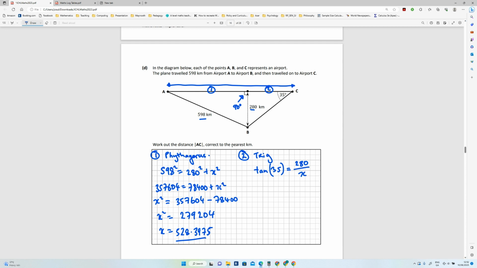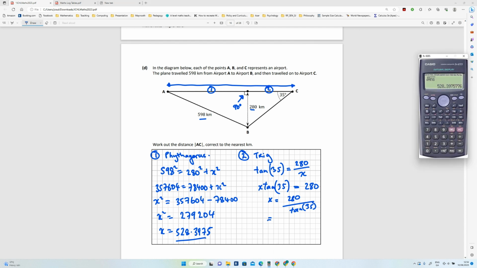So now I'm going to cross multiply. So I'll have x tan of 35 is equal to 280. So divide across by tan of 35 to give me x equals 280 all over tan of 35. So let's see what we get with that.